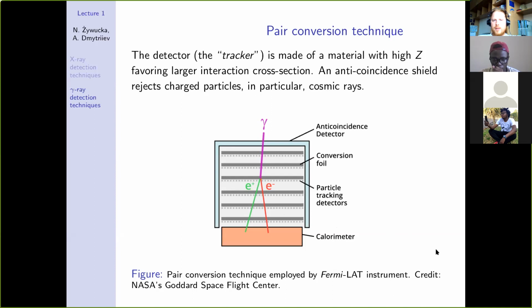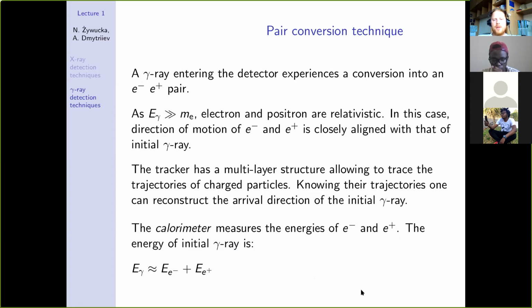But the amount of energy they lose on their way is typically very small compared to the initial energy. There are shower simulations to reconstruct it more precisely, but roughly the sum of their energies corresponds to the gamma ray energy. And this is expressed with this formula.